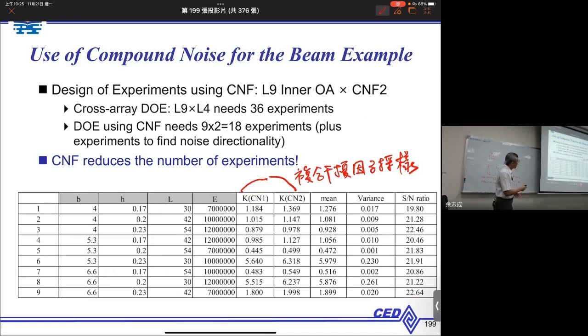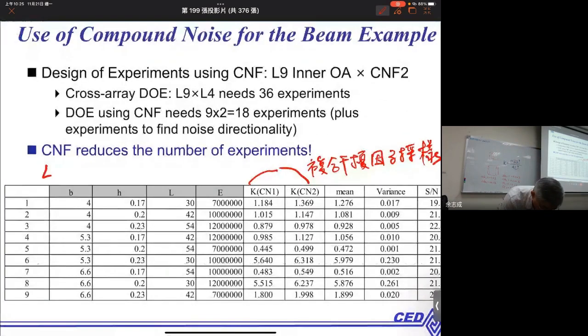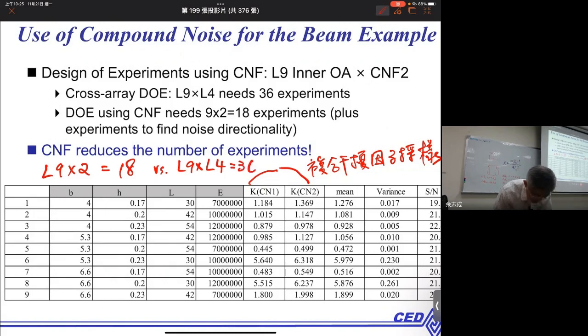So from here, you can understand how many total number of samples you use for now. You use L9 and 2 compound noise, which is only 18 samples. Compare with the L9 by L4, which we use 36, 2 times of samples.